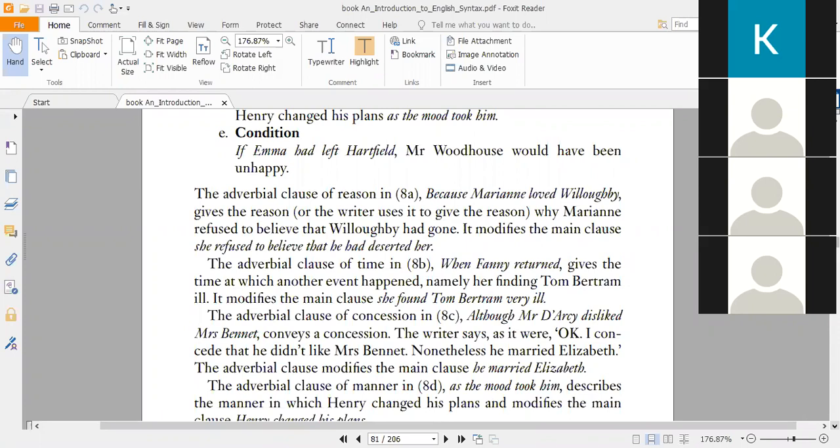The adverbial clause of time in 8b, when Fanny returned, gives the time at which another event happened, namely her finding Tom ill. When tells us about the time. It modifies the main clause, she found Tom very ill.